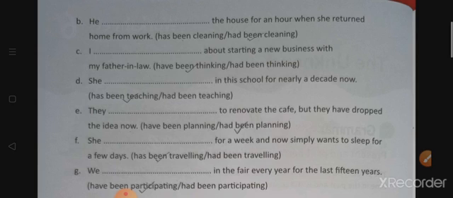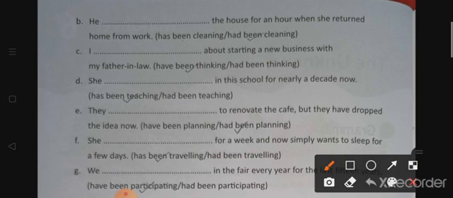She cleaned the house, right? When she returned home from work. That means after she returned home, she cleaned for 1 hour. That means that action takes place in past perfect continuous tense. So we would be writing, he had been cleaning the house for an hour when she returned home from work.